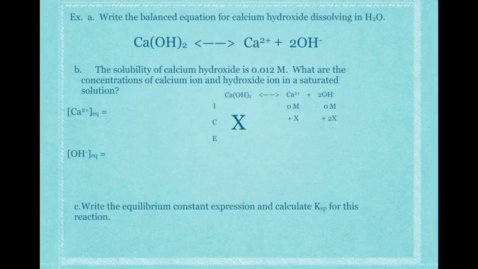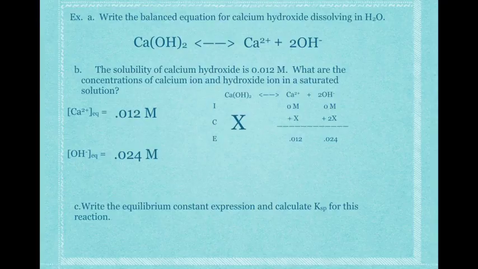However, I've already been told what my x is. My x is 0.012. So I can say, all right, at equilibrium, my concentration of calcium ions is 0.012, while my concentration of hydroxide ions is 0.012 times 2, which gives me 0.024. So those are my 2 answers right there.